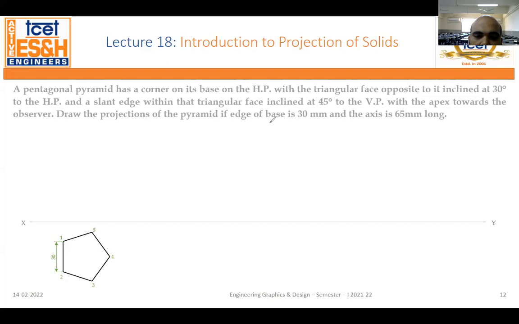Now tell me one thing, children: suppose I am keeping anything on this plane. The pentagonal pyramid has a corner of its base on the HP. Look, it is said on the HP. If something, a pentagonal pyramid, is kept on the HP, then the base pentagon will stay on the HP, right? Yes or no?